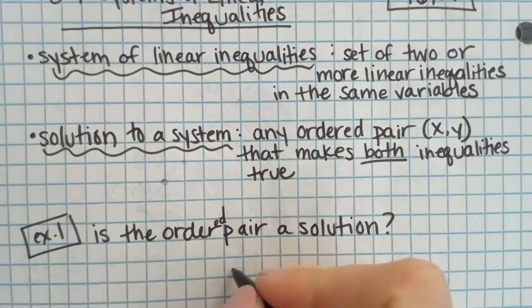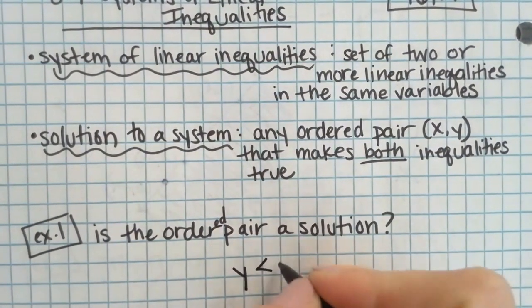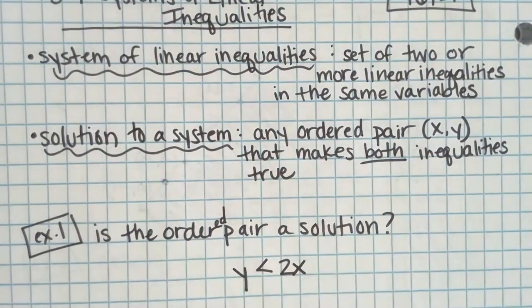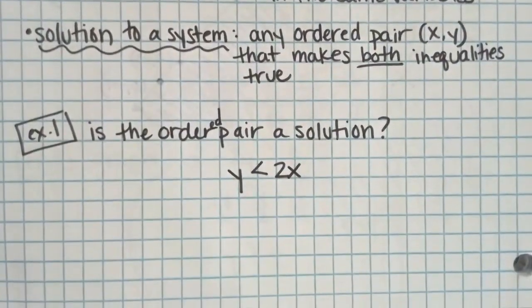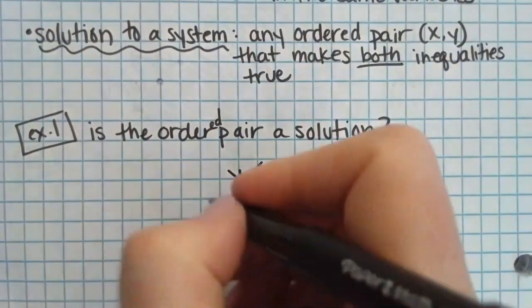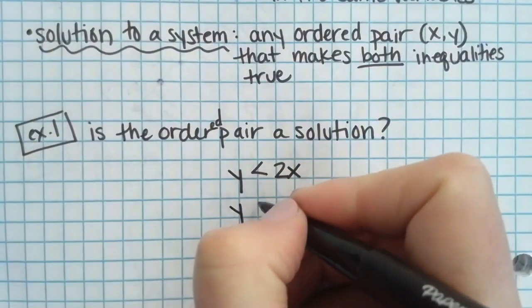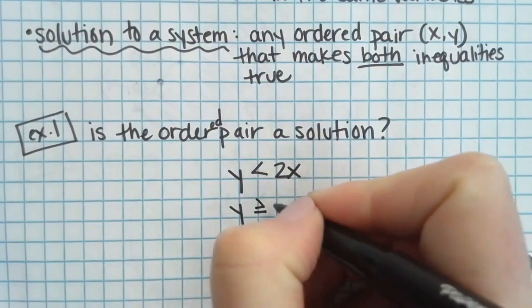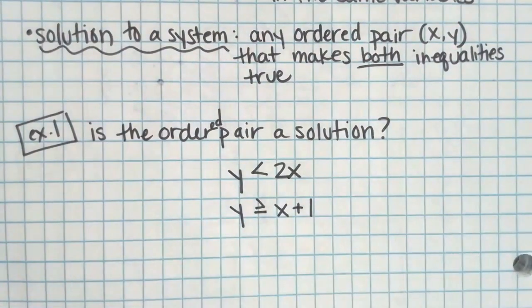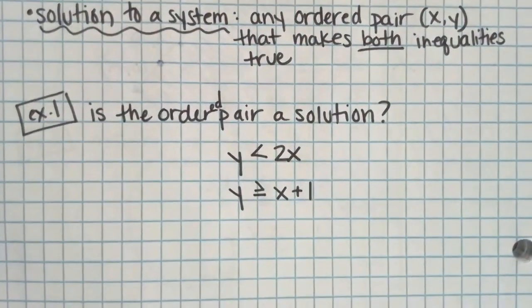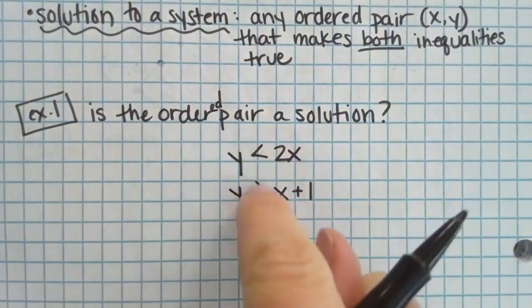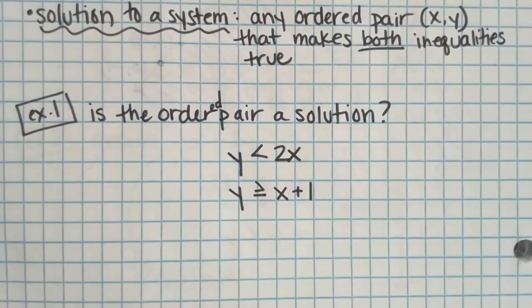Here's our system. y is less than 2x, and y is greater than or equal to x plus 1. This is the system of linear inequalities because it is two linear inequalities in the same variables, right?